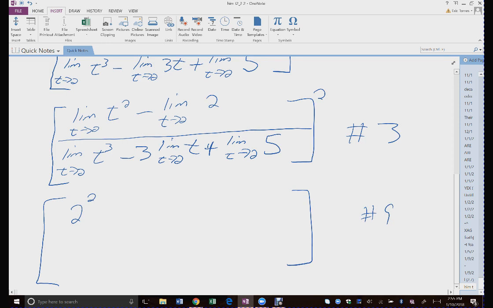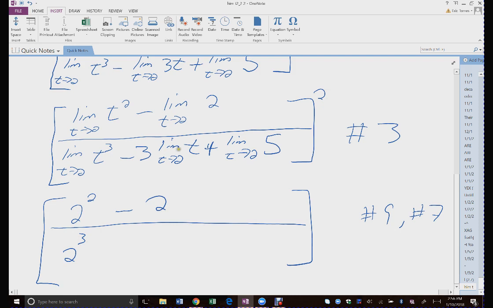That is limit law number 7. Number 7 says when I take the limit of a constant, I will get the constant, minus 2. Now, below I have t to a positive exponent, which means I can use limit law number 9 again, which gives me 2 cubed.